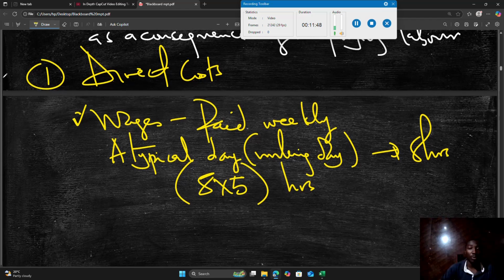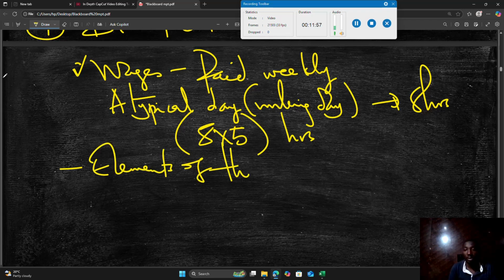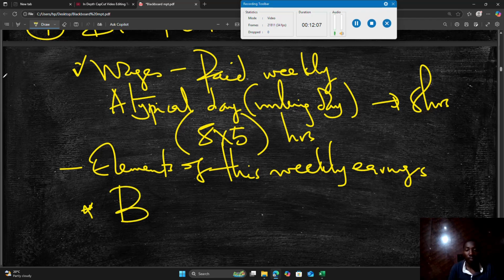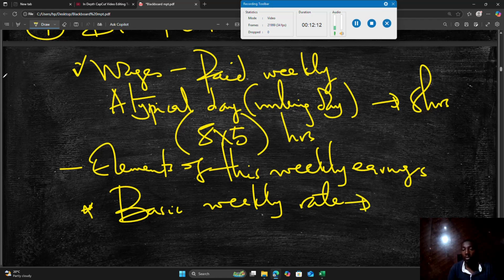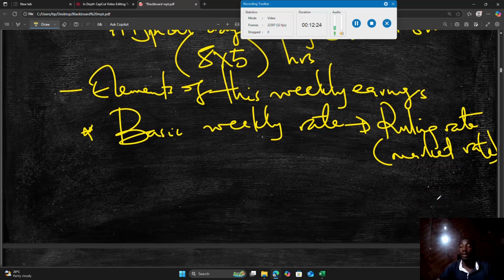And when we look at the elements of minimum weekly earnings, we have the basic weekly rate, which is a ruling rate, or the market rate. For the market rate, you will basically go out and find out how much someone is willing to work for a particular task.